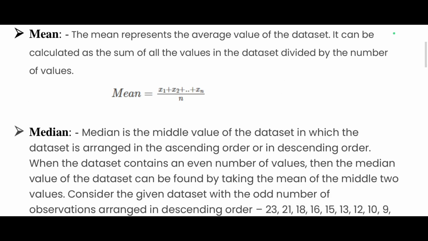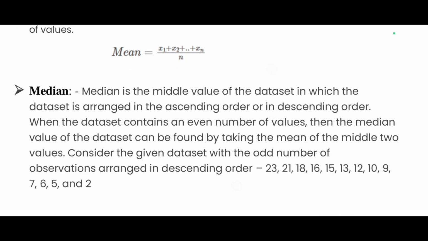And what is the median exactly? The median is the middle value of the data set, in which the data set is arranged in ascending or descending order. When the data set contains an even number of values, the median can be found by taking the mean of the middle two values.